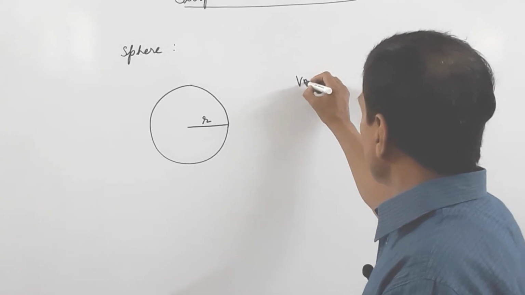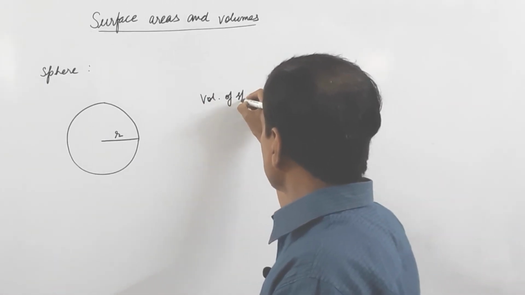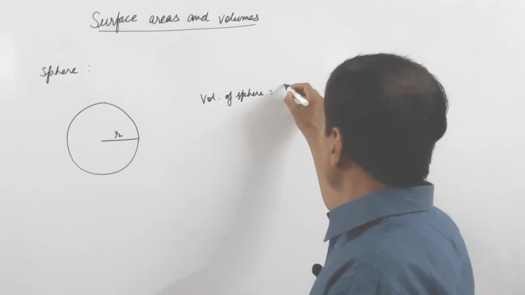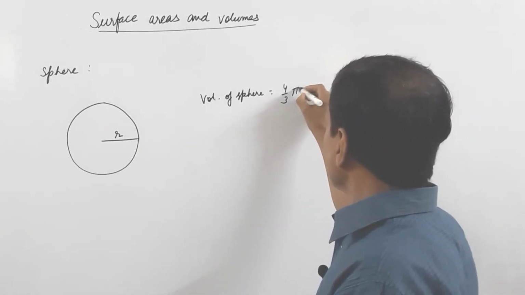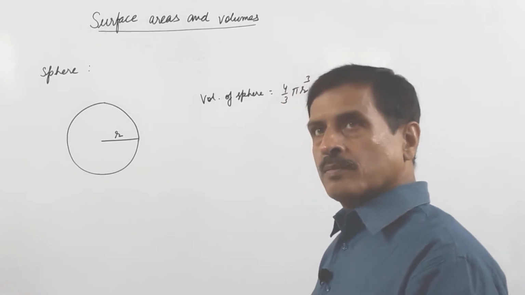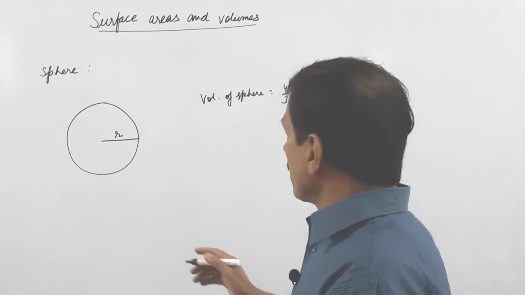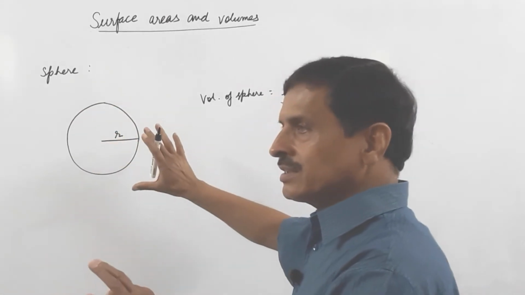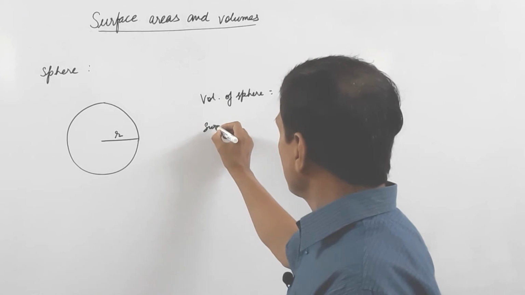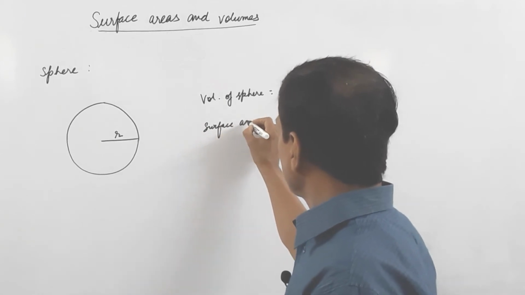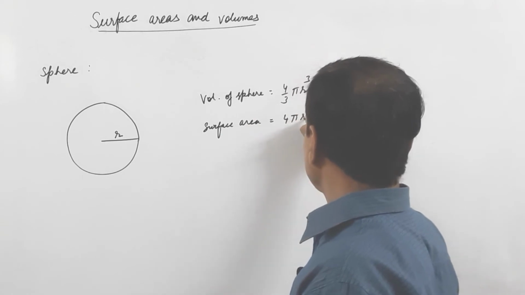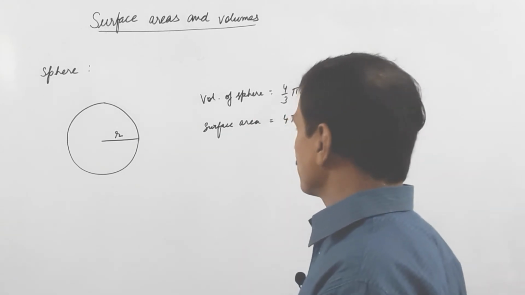Now volume of sphere is equal to 4 by 3 pi r cube. It is having only curved surface, so surface area is equal to 4 pi r square.